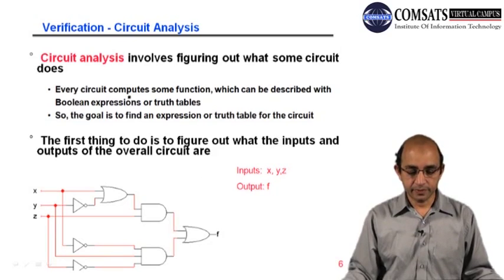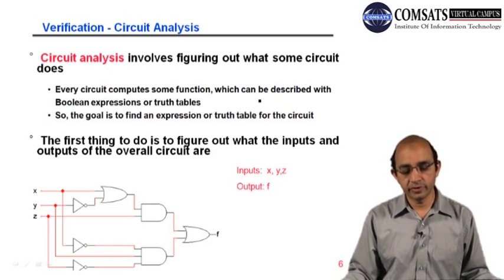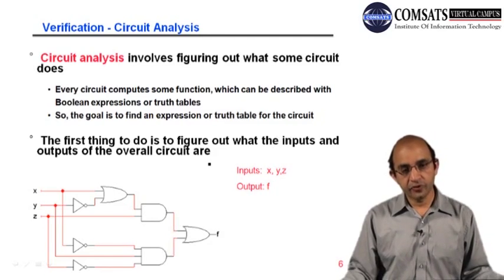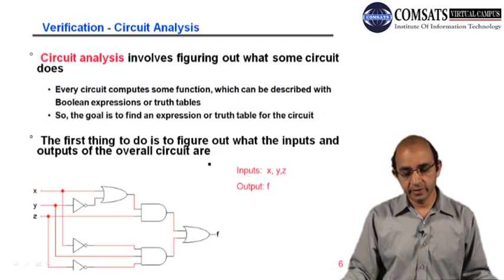So you know that every circuit produces a function, and that function has to be represented by some Boolean expression. Or you can also represent that function in the form of a truth table. So the first step in the analysis is to find the number of inputs and the outputs.